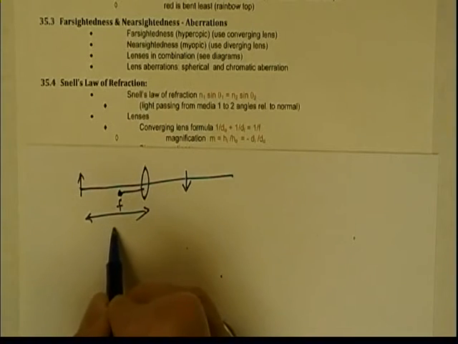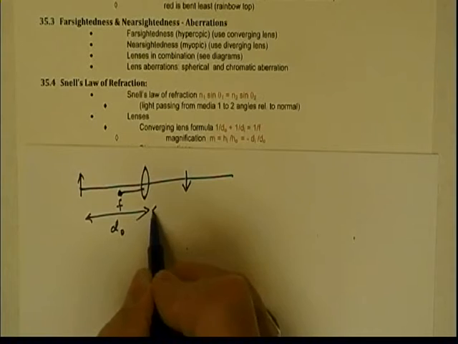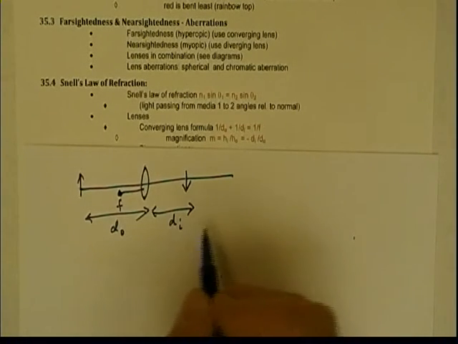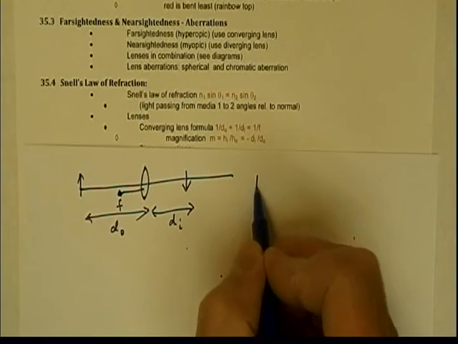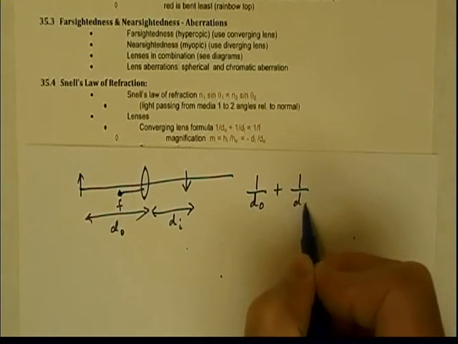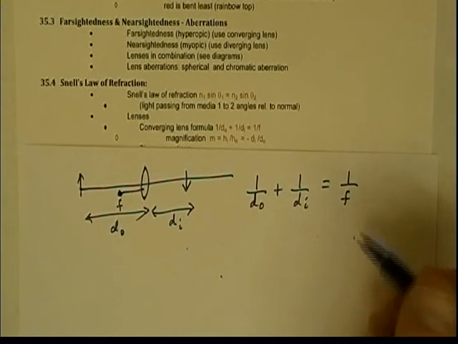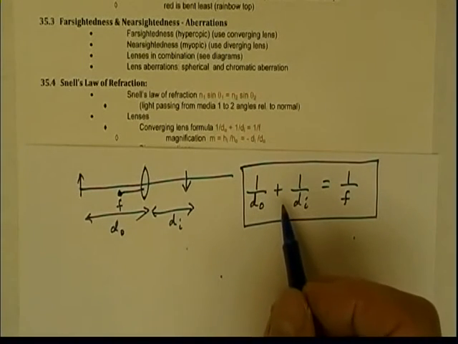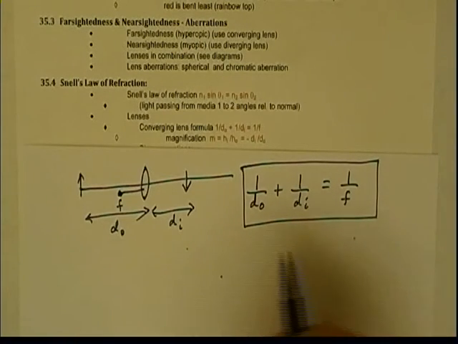This is the distance to the object. This is the distance to the image, dO for object, dI for image. And the equation that you need to learn is 1 over the distance to the object plus 1 over the distance to the image is always equal to 1 over the focal length. This is the core equation that we can use for both converging and diverging lenses.